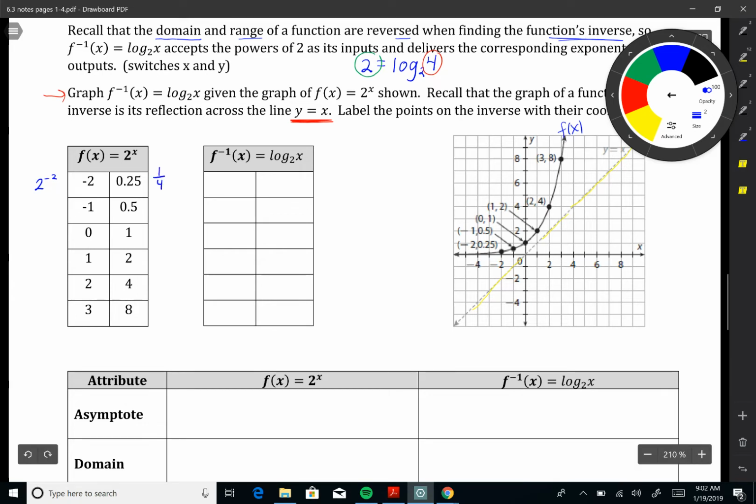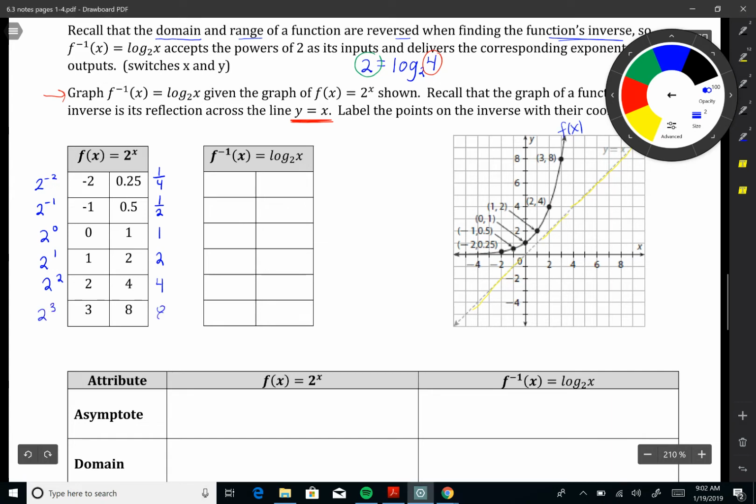That's 1/4, because 2 squared is 4, but because it's negative, you do the reciprocal. Similarly, 2 to the negative first is 0.5, which is 1/2. And 2 to the 0 is 1. Anything to the power of 0 is 1. Hopefully this is ringing a bell, and we can continue.